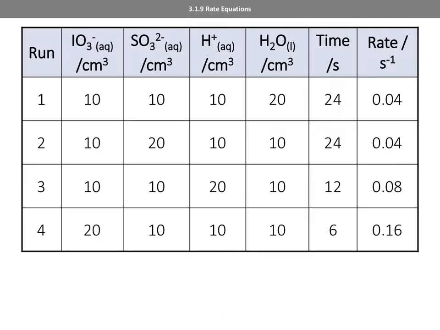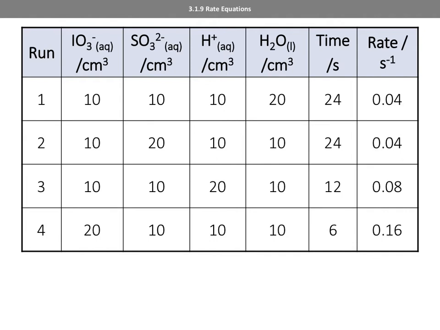So here are some results. We've got 4 different experiments. That's what the runs mean: Run 1, 2, 3, and 4 on the left. And then we have the different reactants, and we have the time it took for the blue-black colour to appear. And then, of course, rate is proportional to 1 over time.